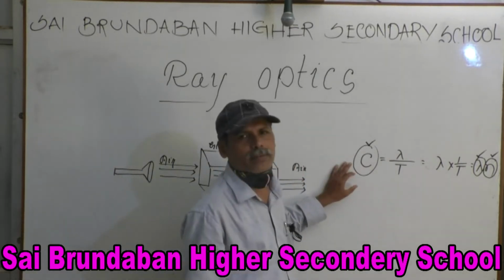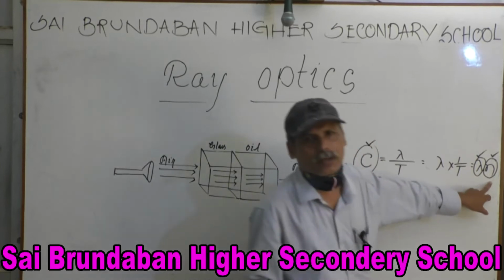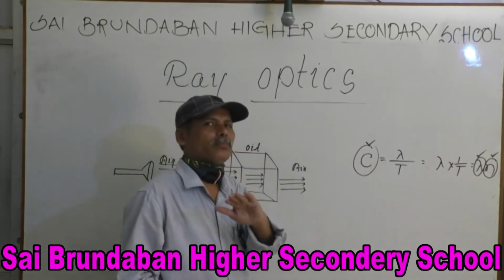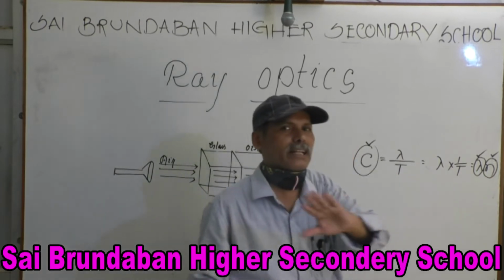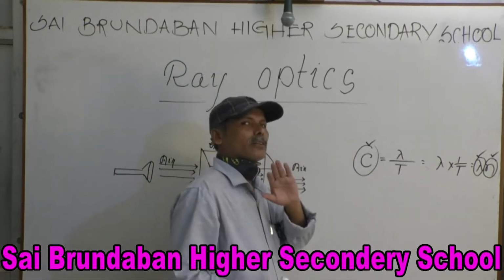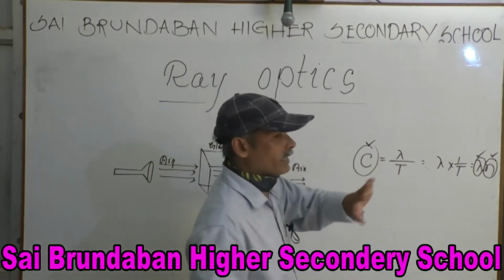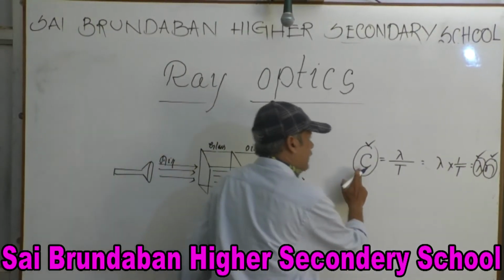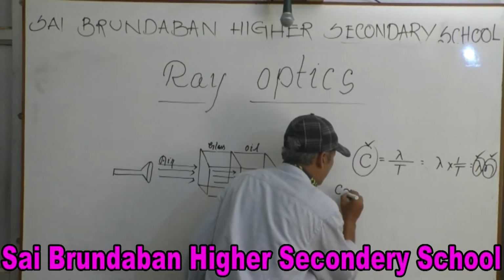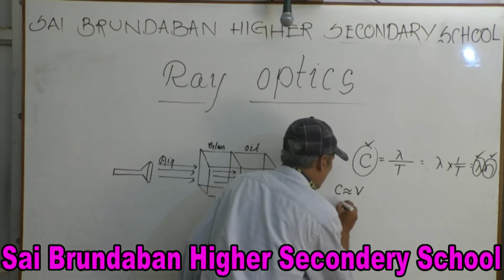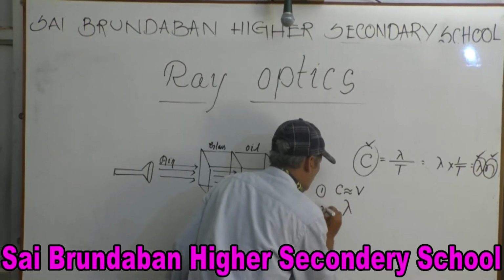This is the velocity of light, this is the wavelength of the ray, this is the frequency of the ray. Here you can see there are 3 parameters. One is C, or you may say V, another one is lambda, and the third is the frequency.